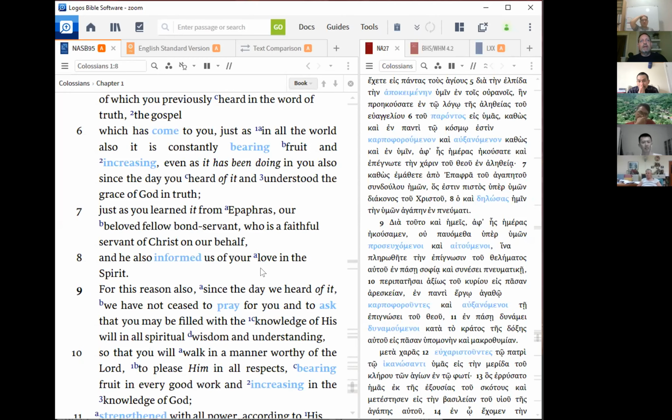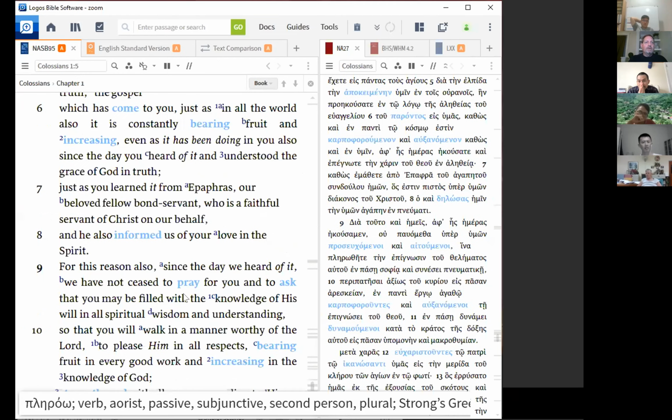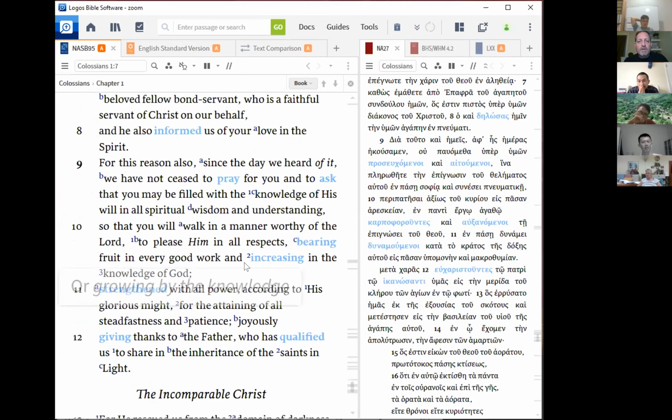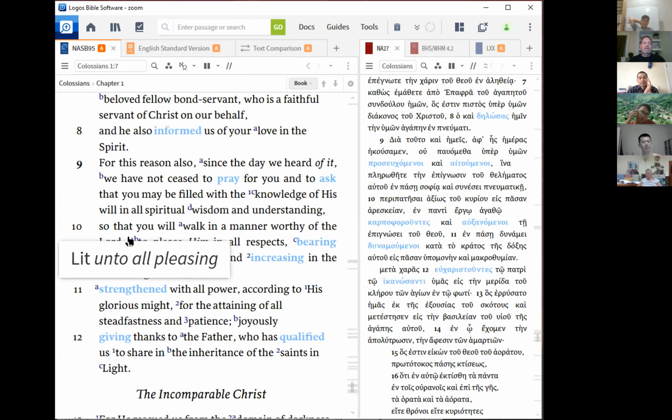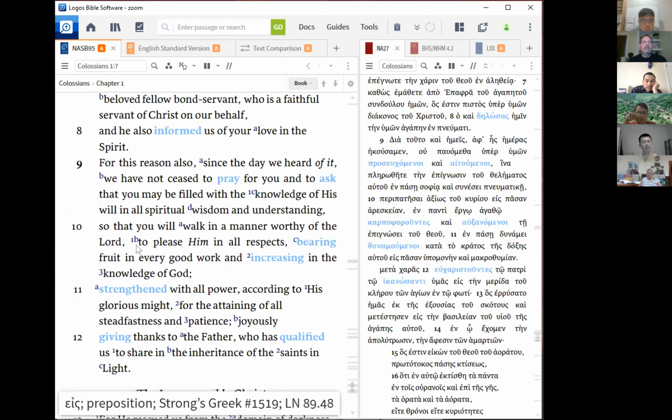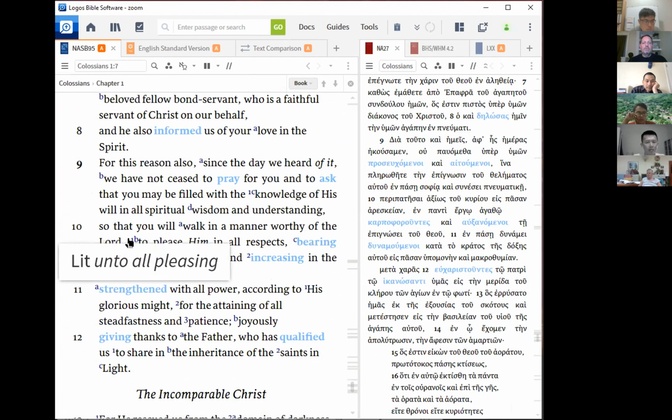Another thing that I really like about the New American Standard, we saw it down here in verse 10, is they will sometimes put a footnote here. You guys see that? "Unto all pleasing." And they'll tell you literally, this is a participle, "unto all pleasing." But they translated it as "to please him," because that's a little easier to understand in English. But they tell you what the literal word is by putting a footnote there.